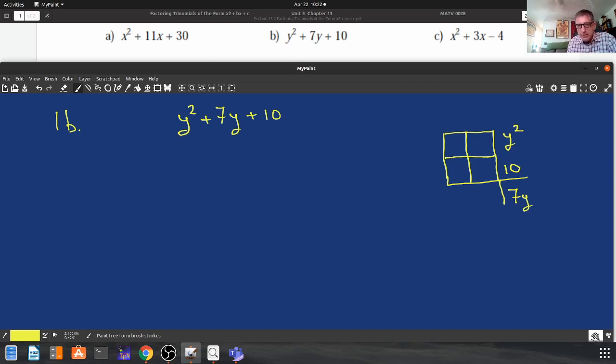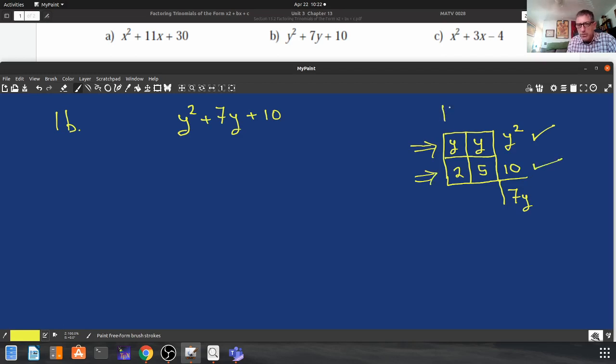And since this is monic, I only have one choice. It's automatic. 2 y's go here. So let's multiply things that will multiply to 10. Well, the first thing that comes to mind is 2 times 5. So let's go this way. y times y is indeed y squared. 2 times 5 is indeed 10.